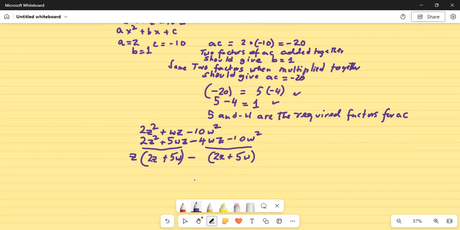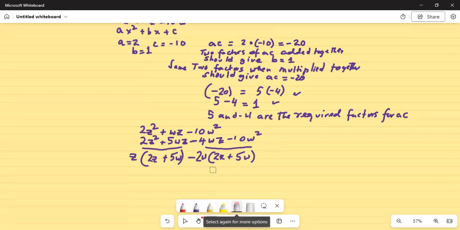The only way I can do that is if I take out a common factor of minus 2w, because minus 4wz divided by minus 2w is 2z, and minus 10w squared divided by minus 2w is 5w.